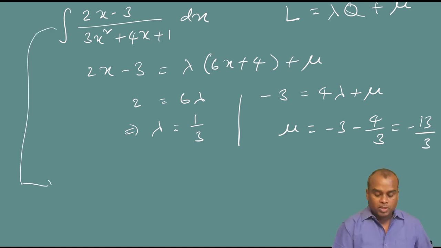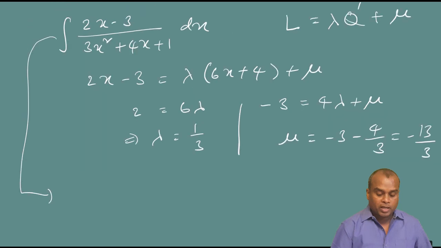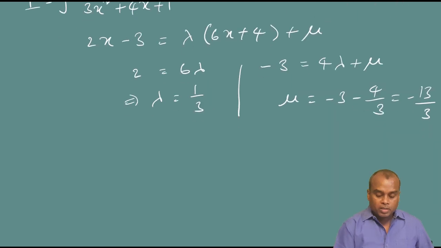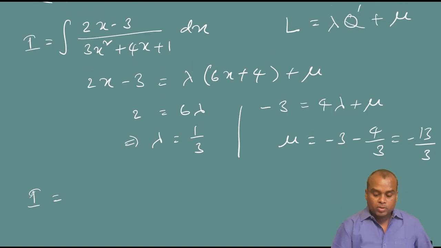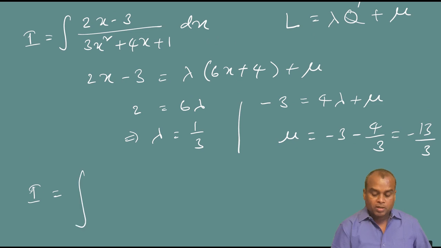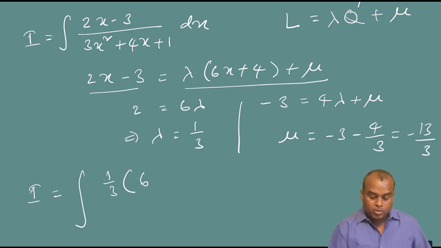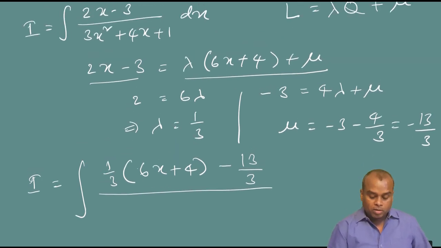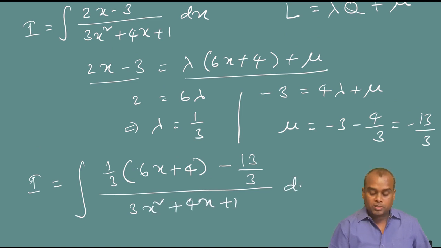Okay. So now if I call the integral I, I can write I is equal to, now you can see that the numerator 2x minus 3, I can write as lambda into 6x plus 4 plus mu, which I got as minus 13 by 3, whole by the quadratic, 3x square plus 4x plus 1 dx.